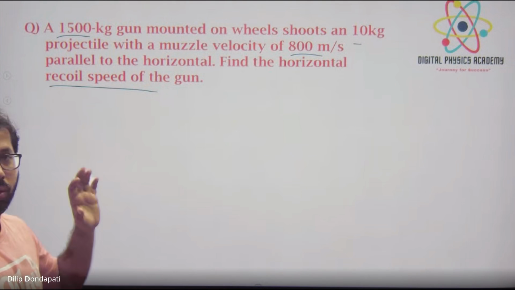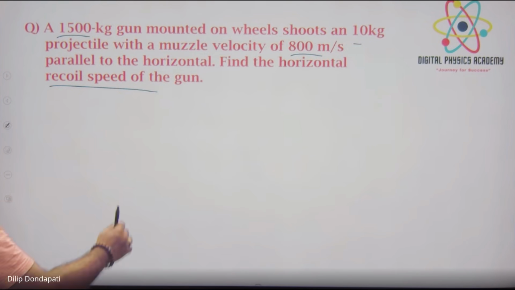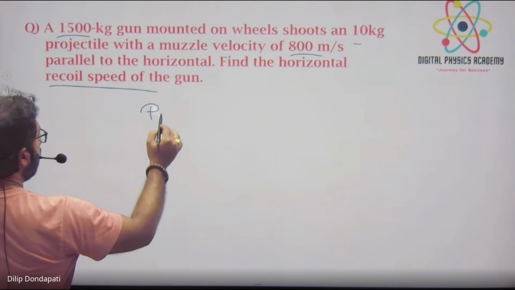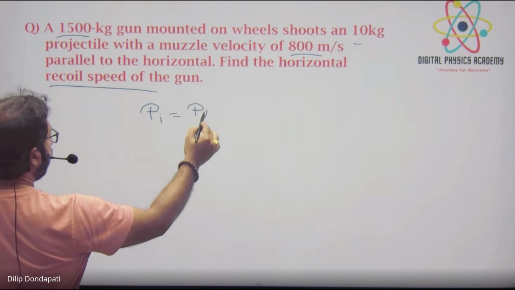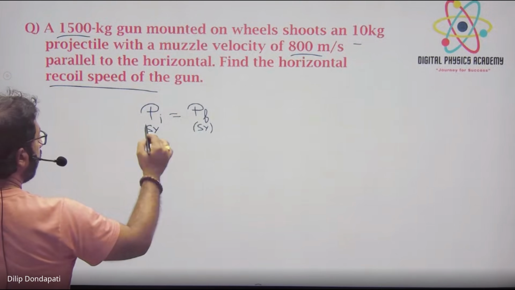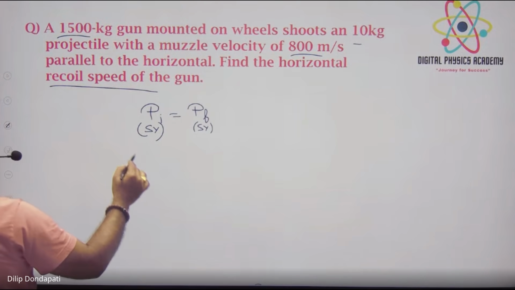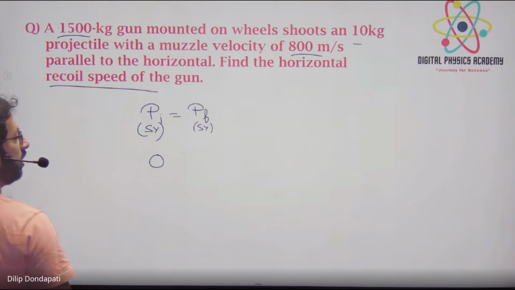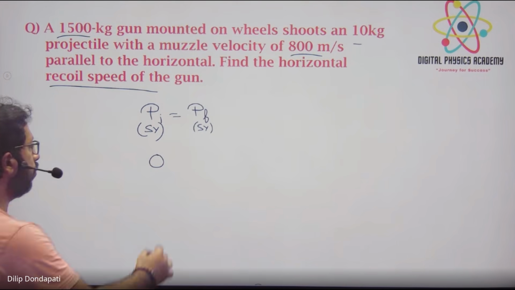That's why we can simply apply initial momentum is equal to final momentum for the system. In this gun and bullet system, we should treat initial momentum as zero, because gun and bullet are at rest.